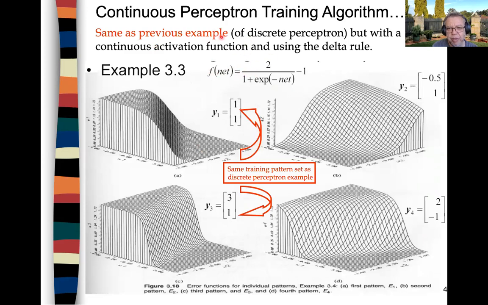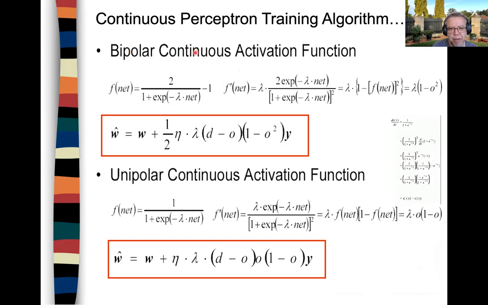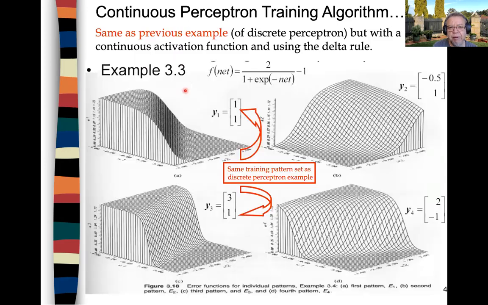Now, if we use f(net) equal to this formula, we look at the same example as we've seen in the case of the discrete perceptron, but with an activation function that is continuous, meaning that we use the bipolar activation function here. And we feed the same patterns as in our previous example.